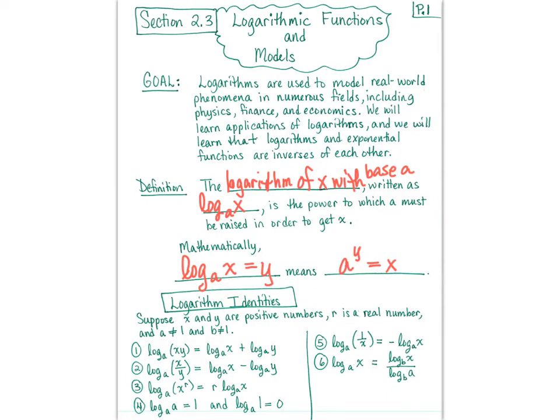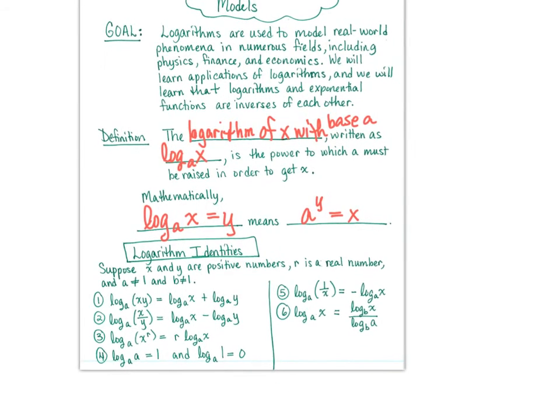Now we have logarithm identities that you'll need to know, so make sure you are aware of them. Suppose x and y are positive numbers, r is a real number, and a and b are not equal to 1.